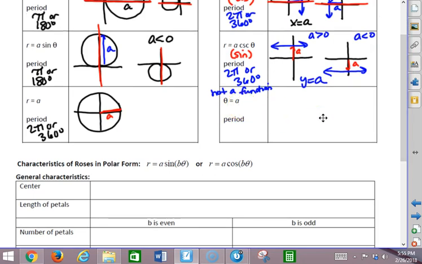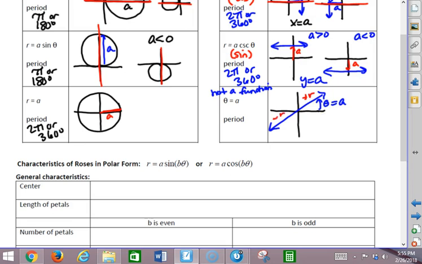So if we are graphing this, this is going to be a line that goes through the pole where this angle is a. Theta is equal to a. So whatever theta is equal to is the angle, and it's just every point with both positive r or negative r that's on that line.